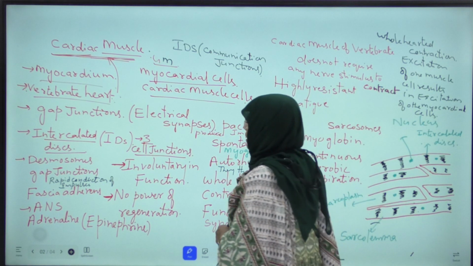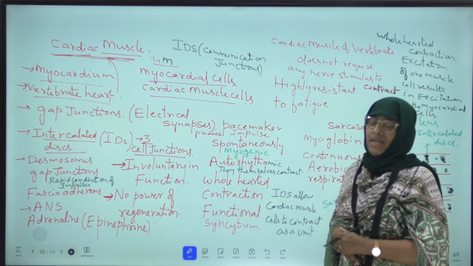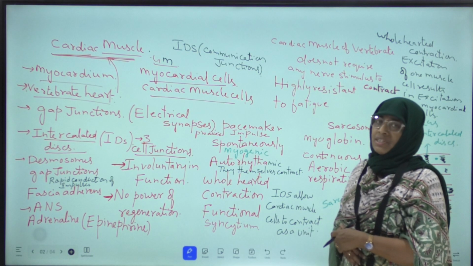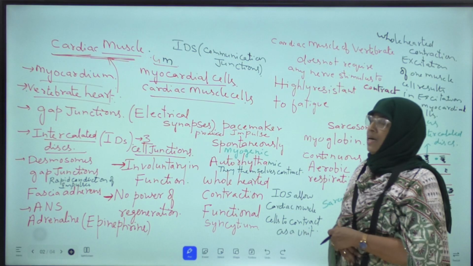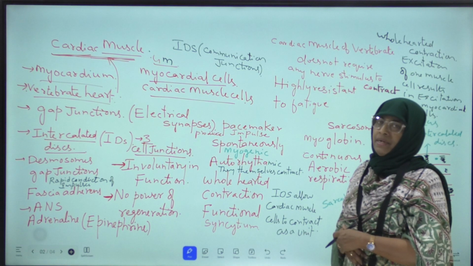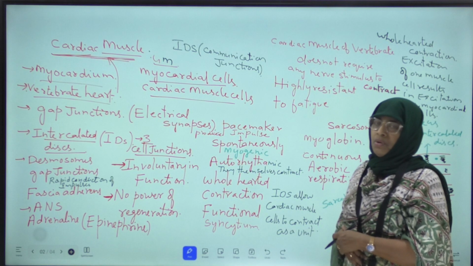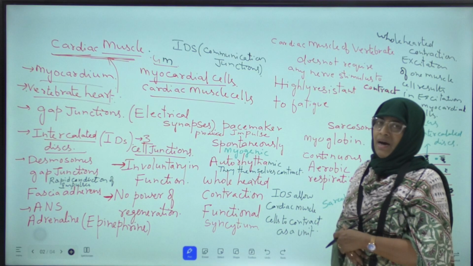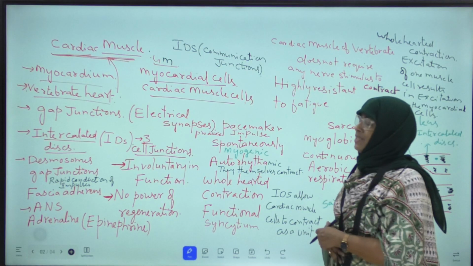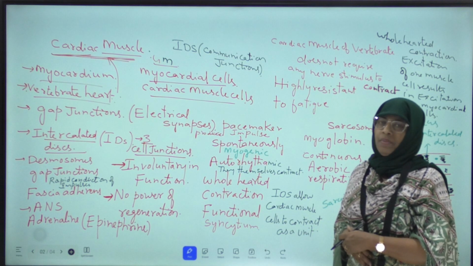Cardiac muscle is structurally similar to skeletal muscle or striped muscle, because alternately arranged dark and light bands are present. Next, cardiac muscle is functionally similar to visceral muscle or smooth muscle.